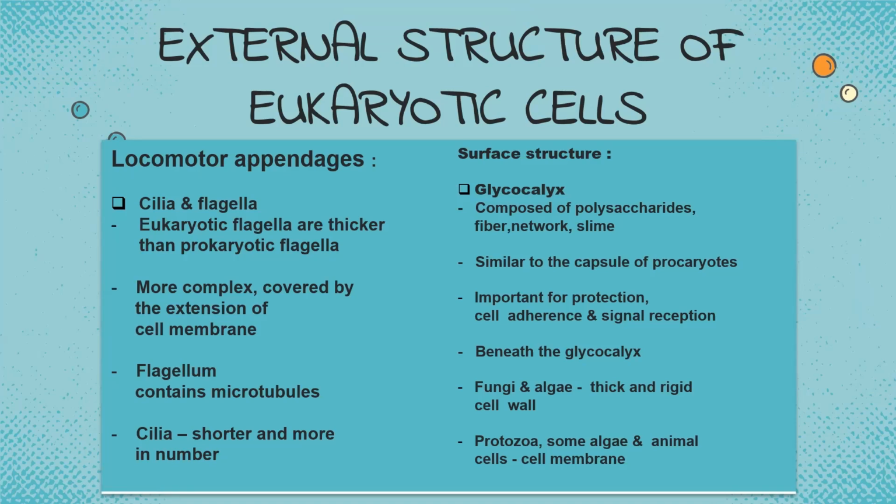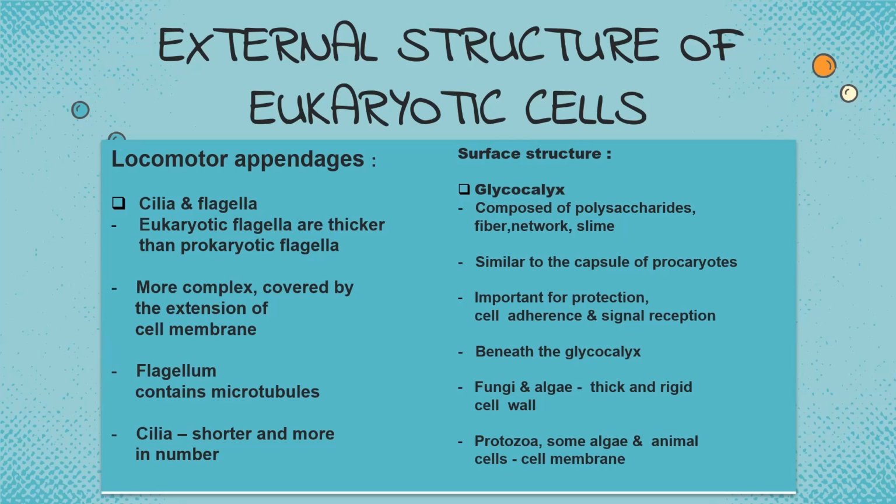The flagellum contains microtubules, and the cilia are shorter and more in number. For the surface structure, eukaryotic cells have glycocalyx, composed of polysaccharides, fiber network, and slime. Similar to the capsule of prokaryotes, the glycocalyx is important for protection, cell adherence, and signal reception.